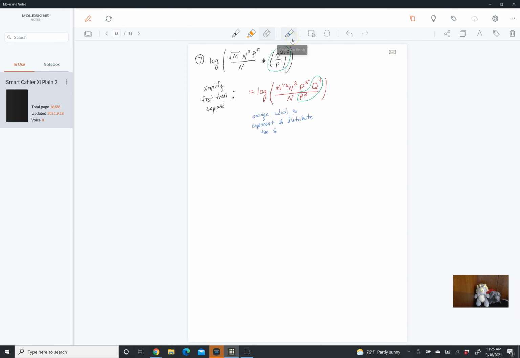Okay, now we're ready to expand. Oh, sorry, before we expand, we still have more than one n and more than one p. So when we do that, we could get rid of that, and we have log of m to the 1/2 n squared p cubed q to the 4th.